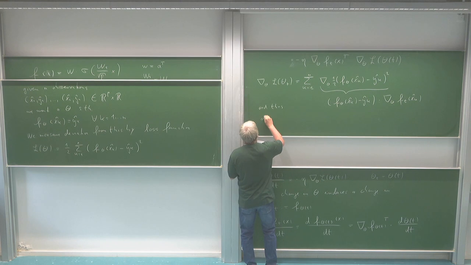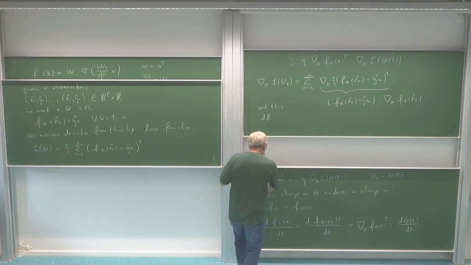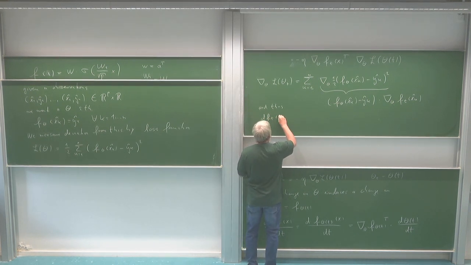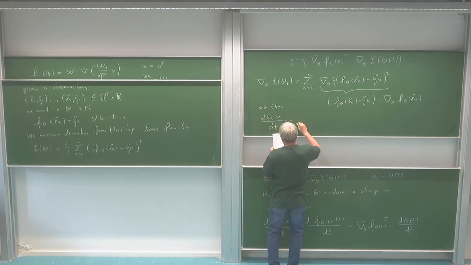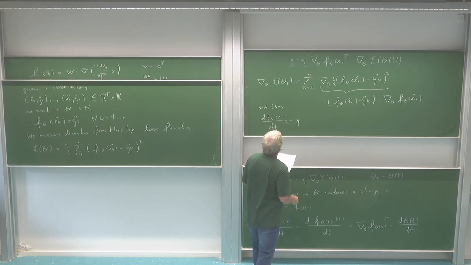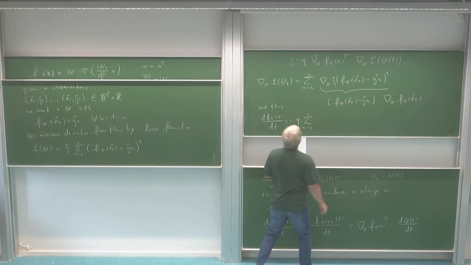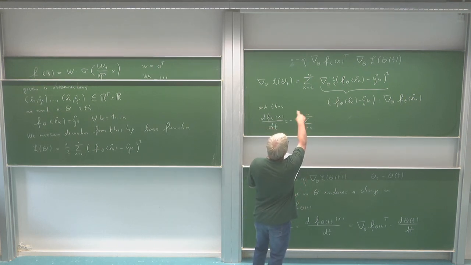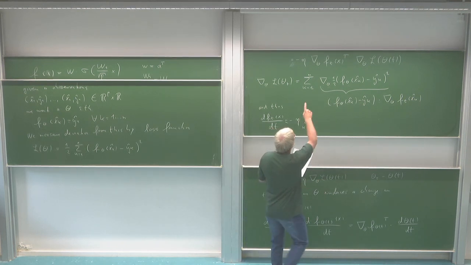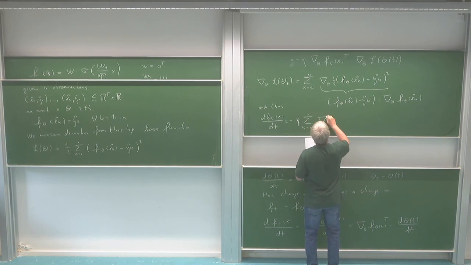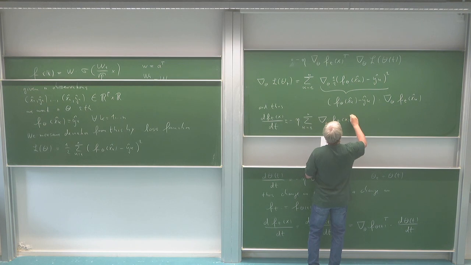We have that the d f_t of x divided by dt is minus eta times this sum, which maybe I take at the front, from 1 to n. And then I have the first gradient of f coming from the top formula here, from the very beginning, the gradient with respect to theta of f_t of x, transposed.